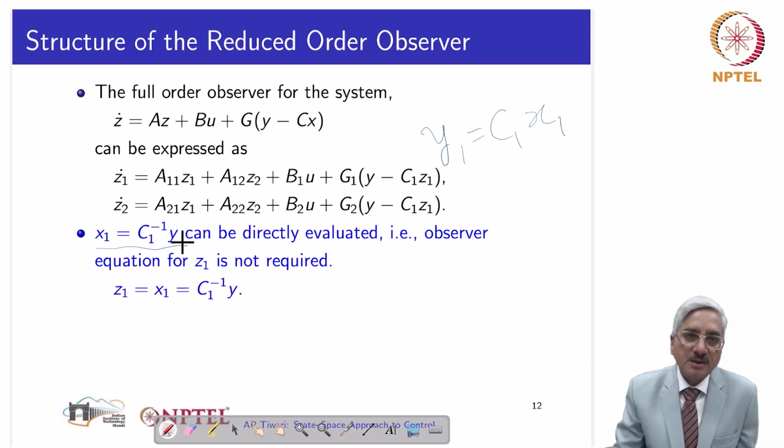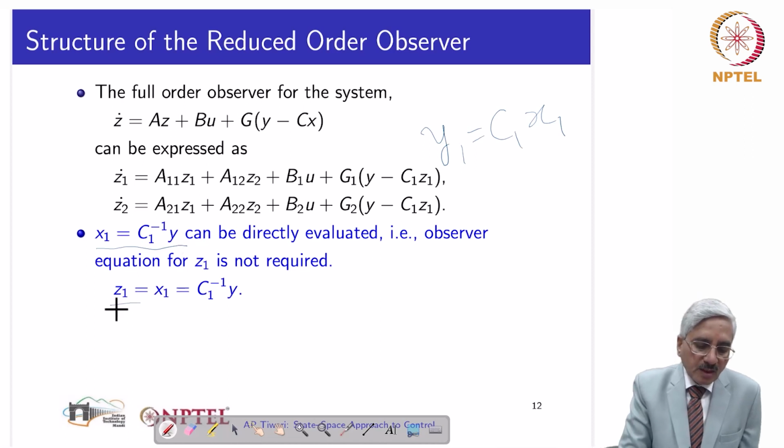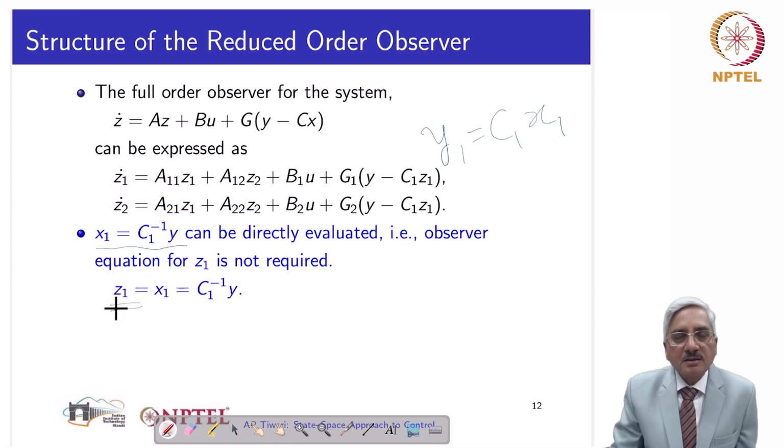No dynamic system is required. So the observer state z1 will be exactly equal to x1, which will be equal to C1 inverse y. There is no need of any dynamical system for observation of z1.